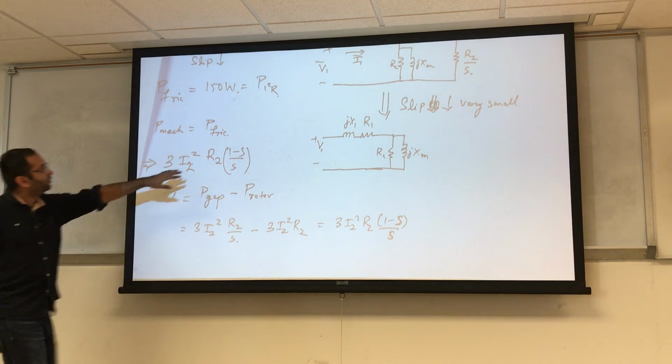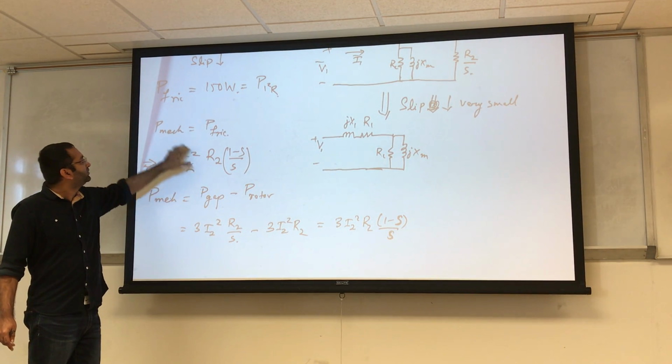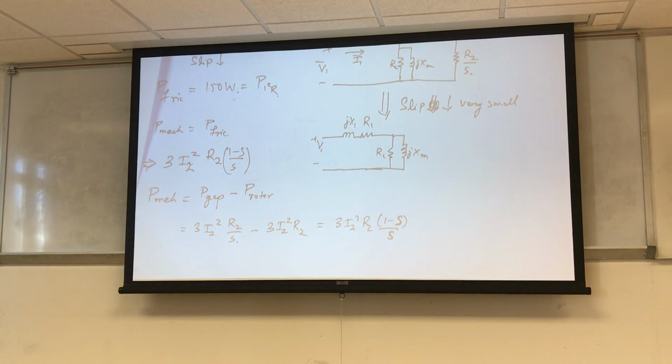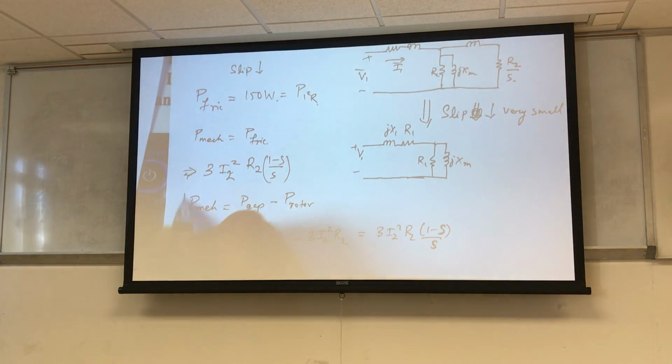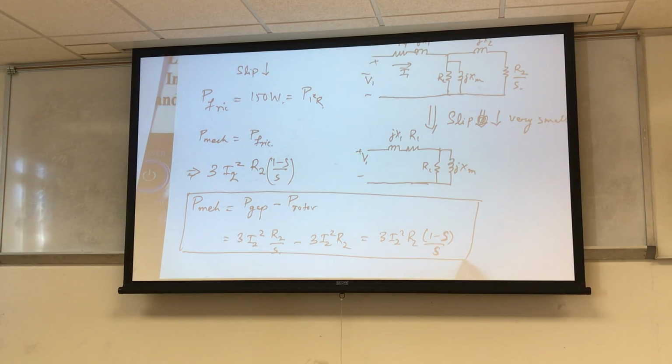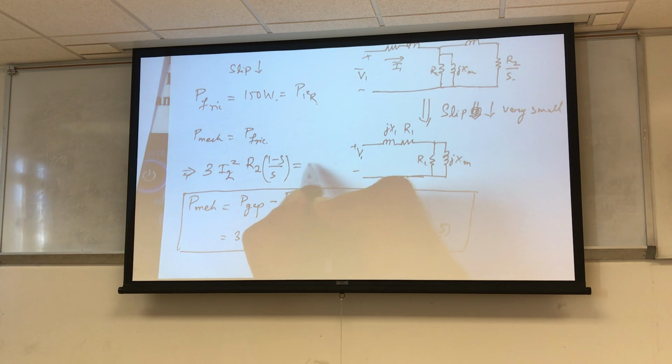Is this clear? Then how we get this formula? This is for the P mechanical. So this is equal to, what is P frictional? It's 150 watt.